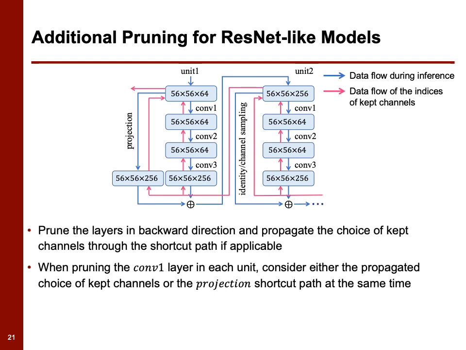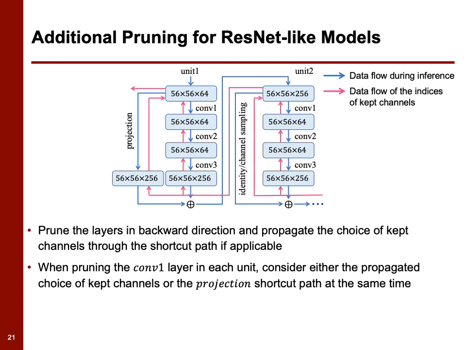The technique we propose is to prune layers in the backward direction and propagate the choice of capped channels so the shortcut path is applicable. And later, when pruning the Conv 1 layer in each unit, we consider either the propagated choice of capped channels or the projection shortcut path at the same time.